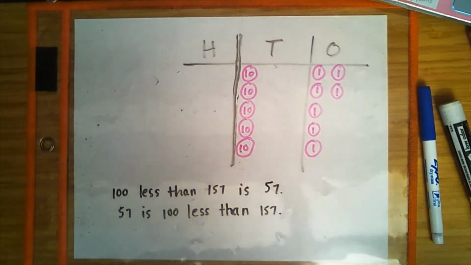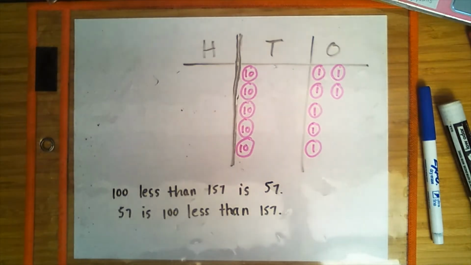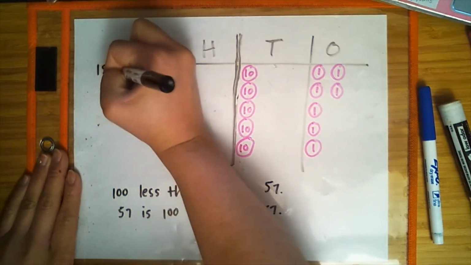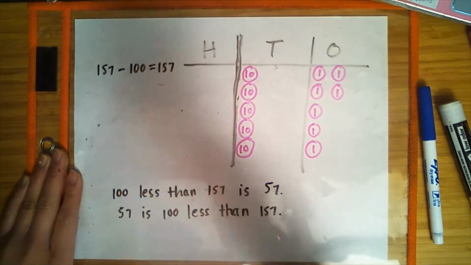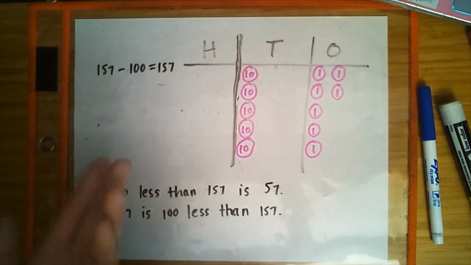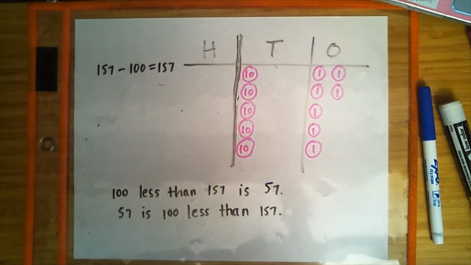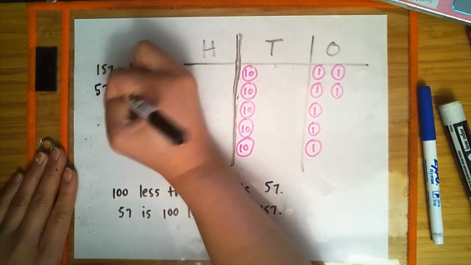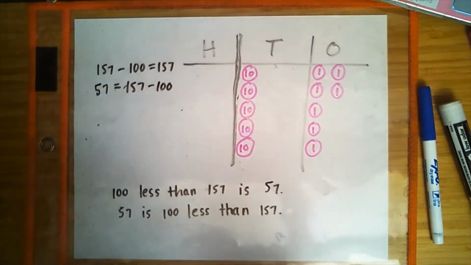Now, writing our two subtraction number sentences. First, let's begin with 157. 157 minus 100 is 57. Now, writing the other subtraction number sentence beginning with 57, let's write it. 57 equals 157 minus 100.